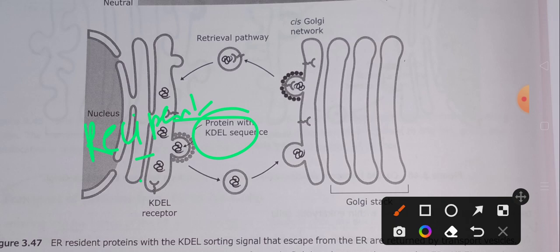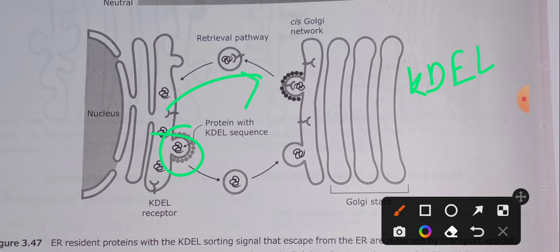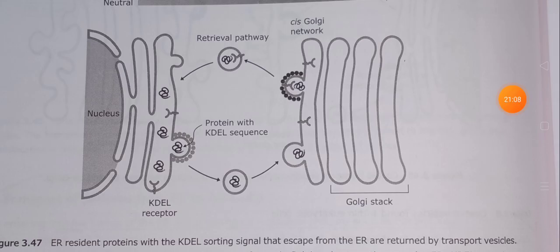And what did they see? They saw that those export proteins were retained in the ER lumen, and the resident proteins were transferred by the vesicles we have just talked about. So it is amazing, right? That supported the theory that the KDEL sequence is enough for recognition of the resident proteins and their retrieval from the cis Golgi network to the ER, right?